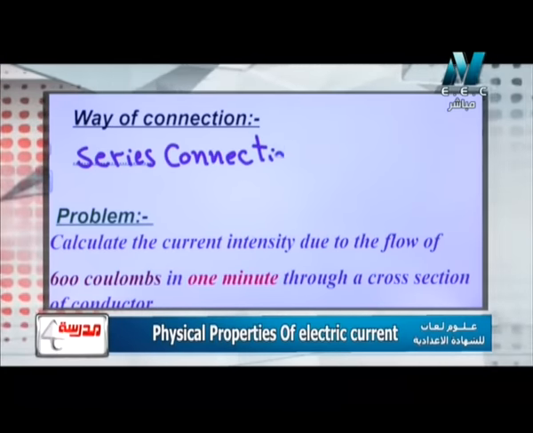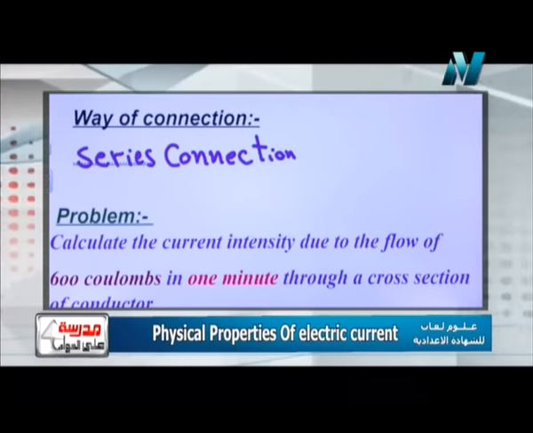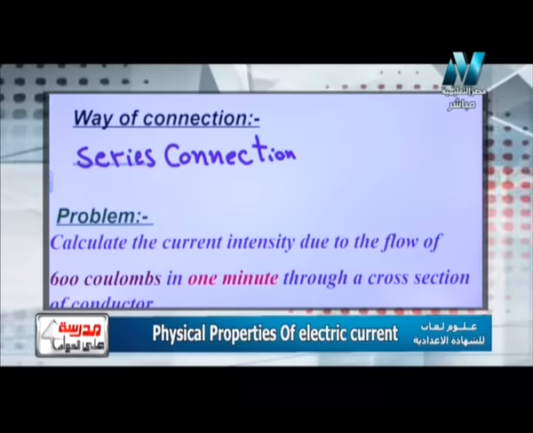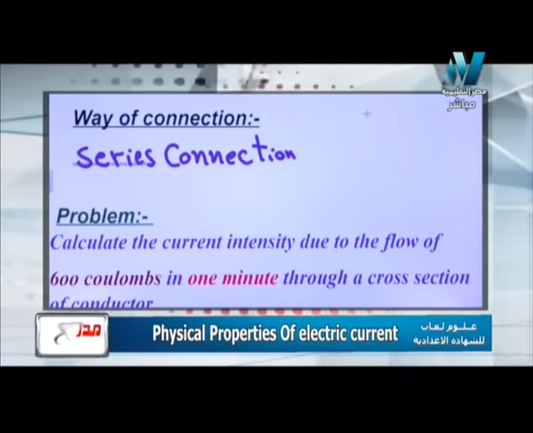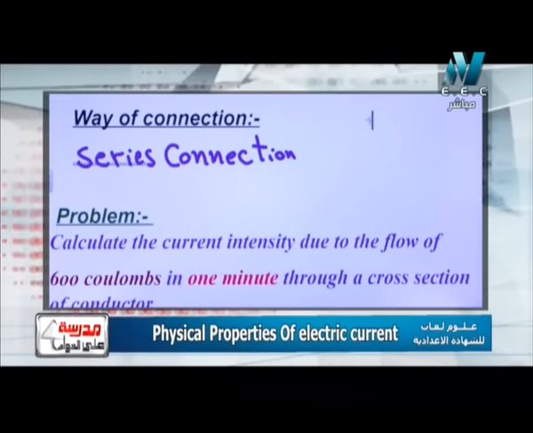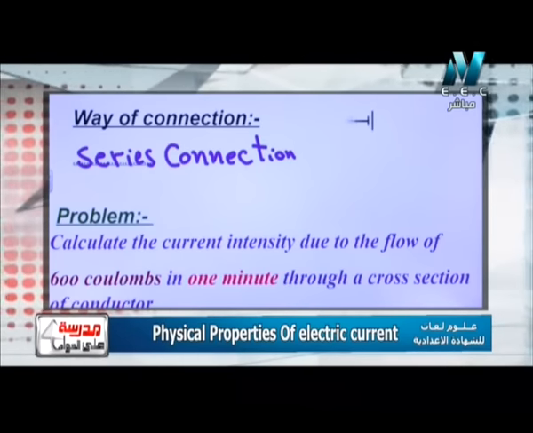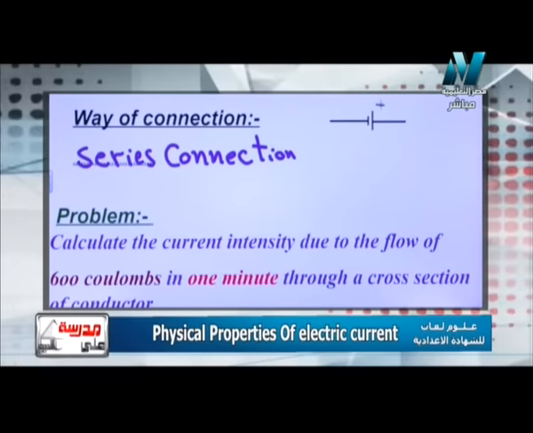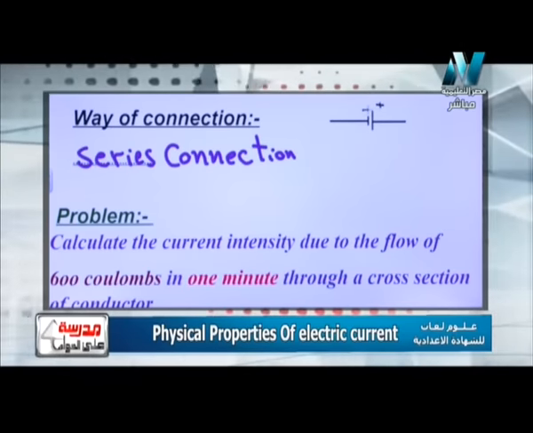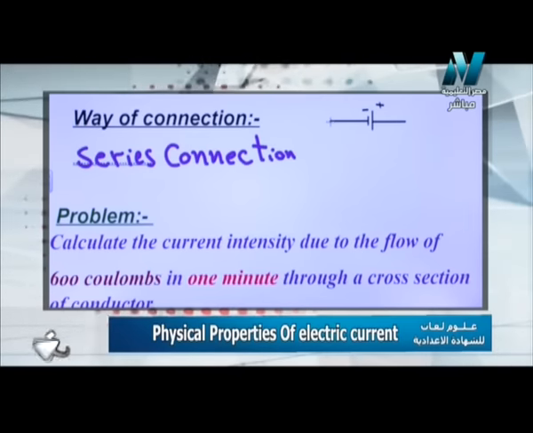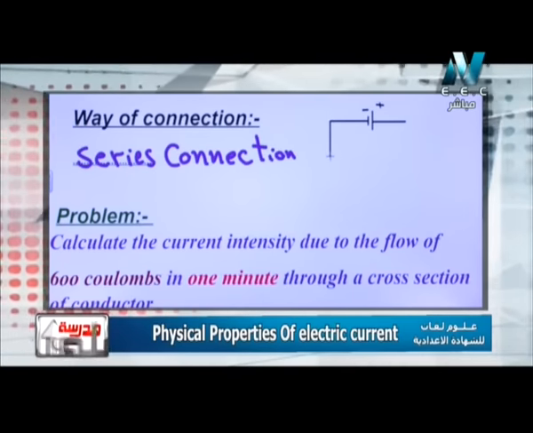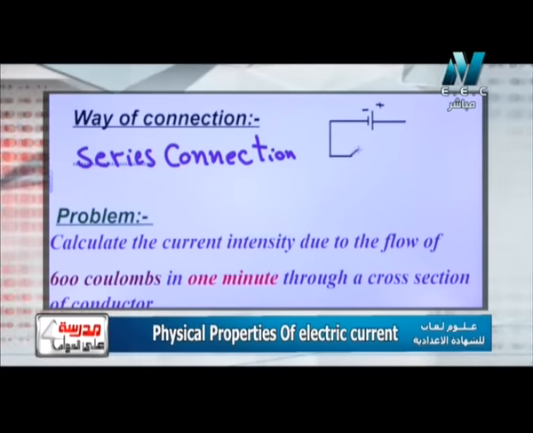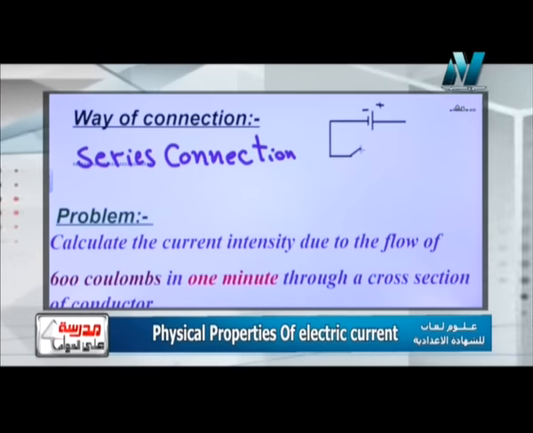By drawing, how come? Let's draw it together. As we see here, we have, for example, here the symbol of a battery. I am drawing the battery, by the way, or source of electricity. Positive and negative. Here we have a key. Key is what?